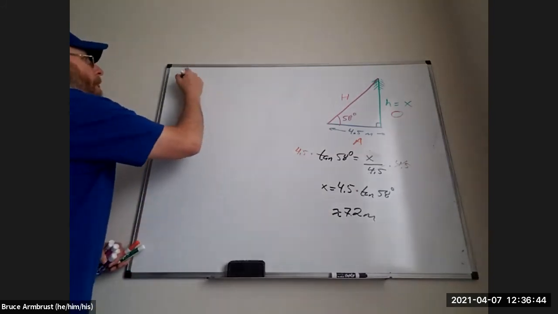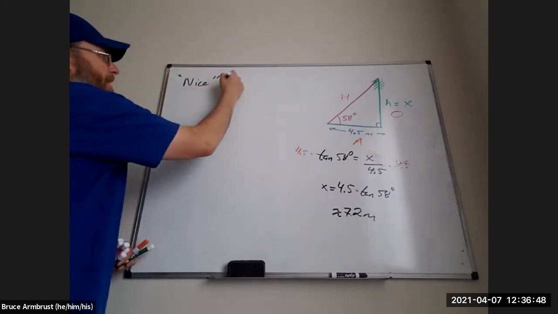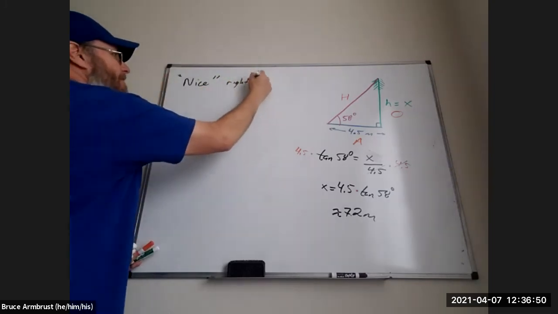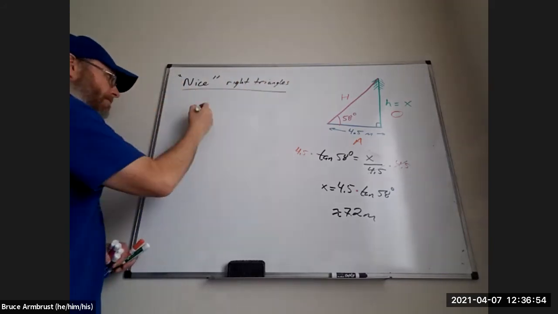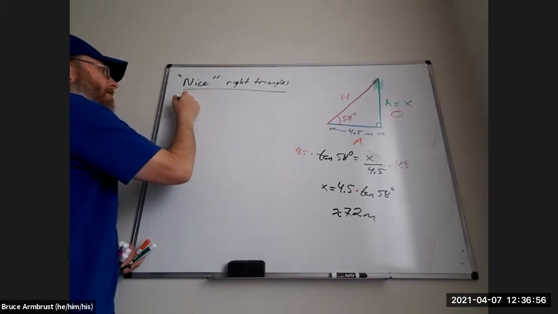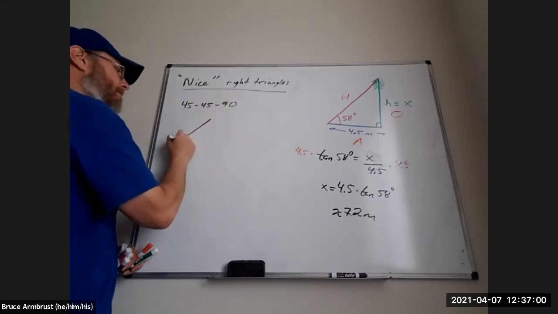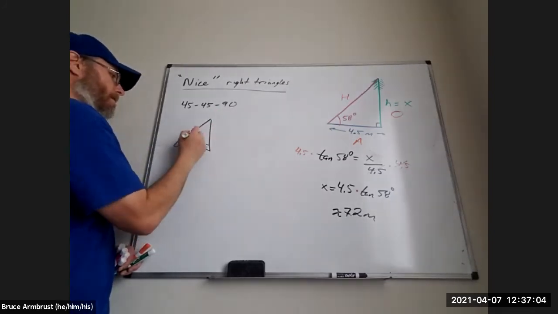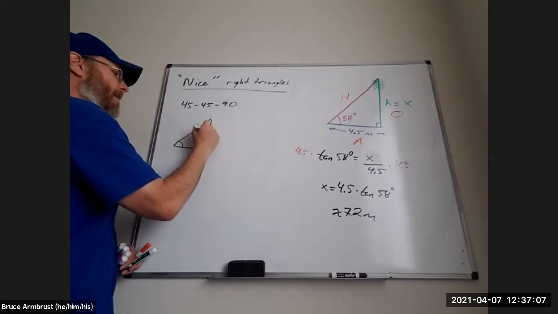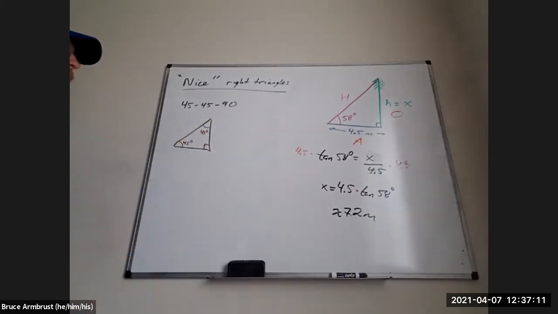So I'm going to call these the nice right triangles with the nice angles. So the first one, let's look at the 45, 45, 90. It's called the 45, 45, 90 because those are the angle values.